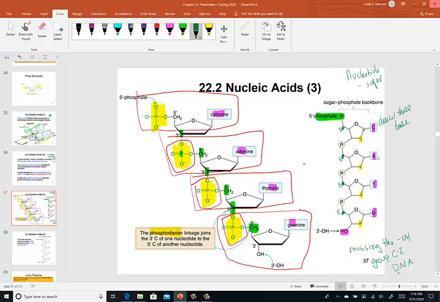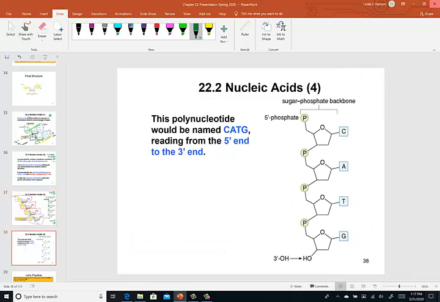So we have a 5' phosphate that's free, and notice that the interior of this chain has the phosphates, then you see the sugars, and then you have the bases on the interior of this chain. So a phosphodiester linkage hooks together a nucleotide into a next, into a next, into a next for thousands, if not millions long. And notice what this nucleotide would be named.